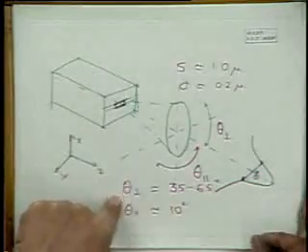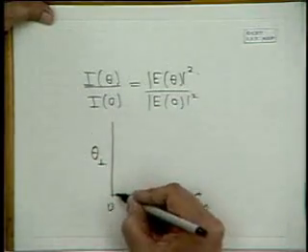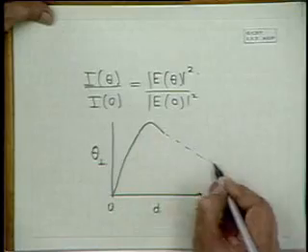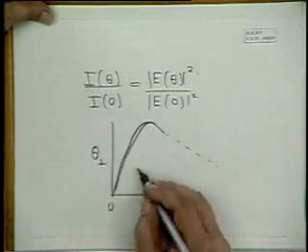It turns out that there is an optimum value of D here. You get variations like that.